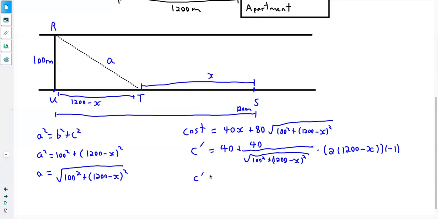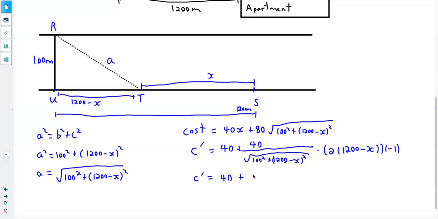Going through and simplifying that gives us C prime is equal to 40 plus, I won't expand this bracket out yet, but I'll multiply 40 by the 2 and then -1.